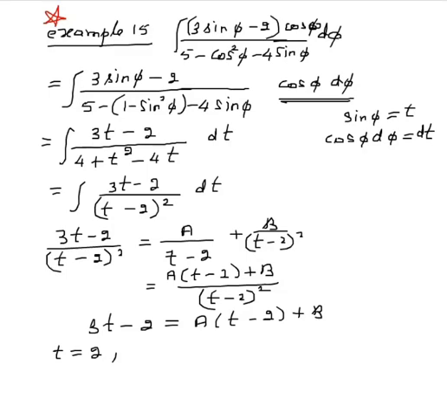Let t be 2. 2 3s are 6, 6 minus 2 is 4. First term becomes 0. B value is 4. Now substitute t as 0.